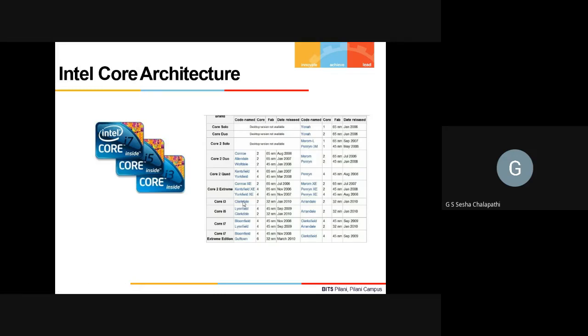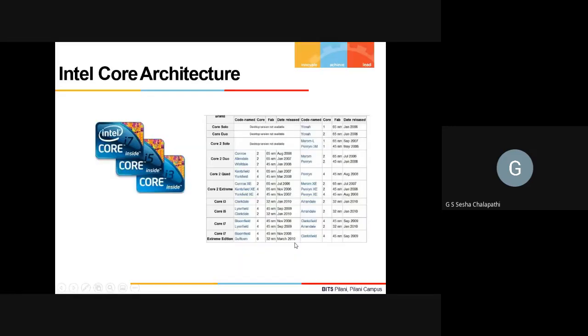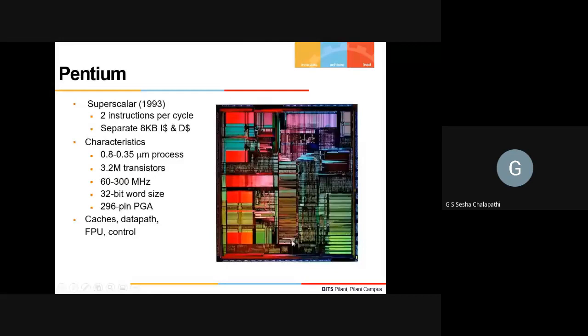Falling to around a few nanometers of technology, and increasing the clock speed to a turbo boost of around 5 gigahertz right now, right? So this is how it started. This is how the evolution of the number of transistors from 8082 to the Pentium 4 looks like.